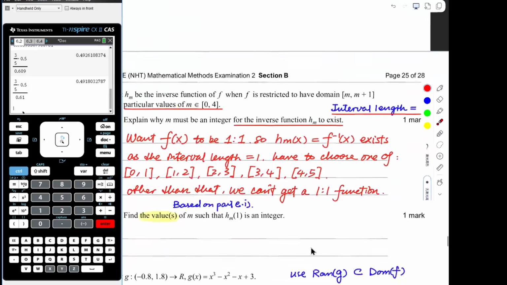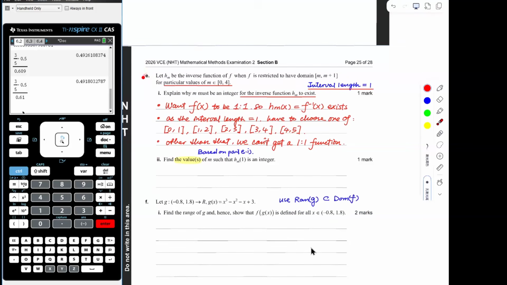And find the values of m such that h m of 1 is an integer. Because this part 2 has the same indentation as part 1, they both lie under the umbrella of the part E condition.